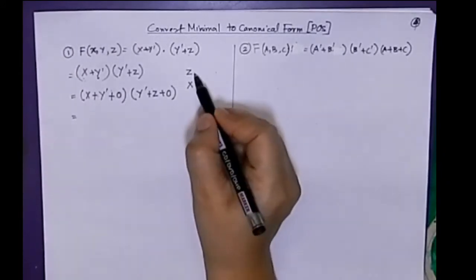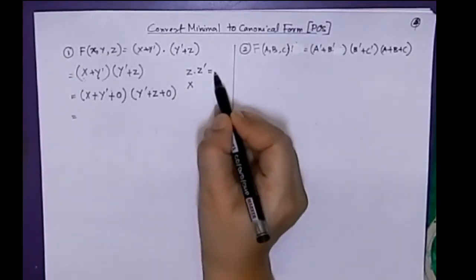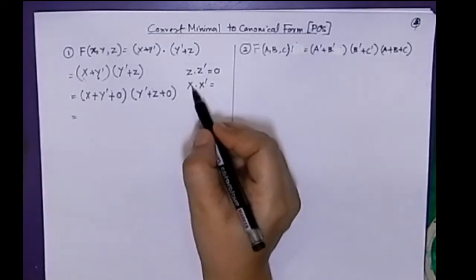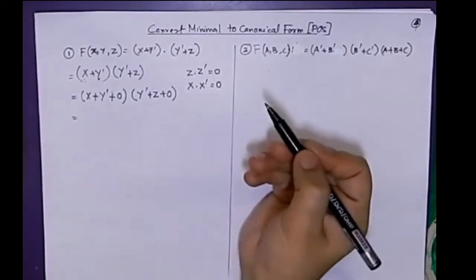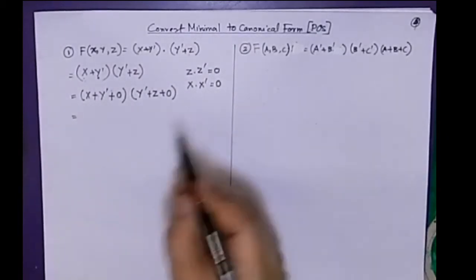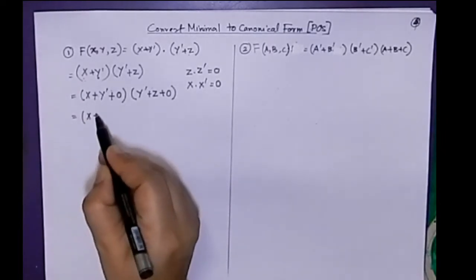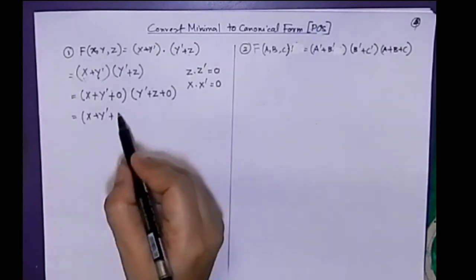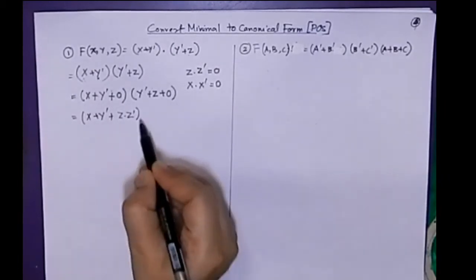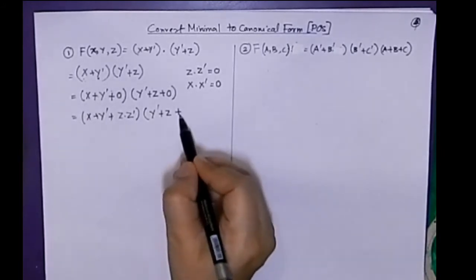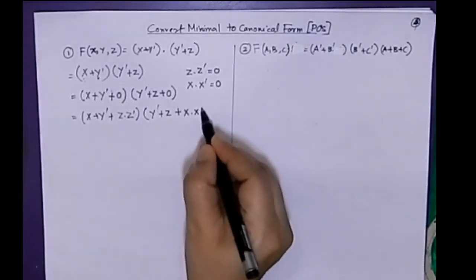Now we know that the product of any variable in the true and complement form is 0. That is the complement law, so we are utilizing it here. So now these zeros will be replaced by the product of the missing terms, z dot z dashed, this is y dashed plus z plus x dot x dashed.